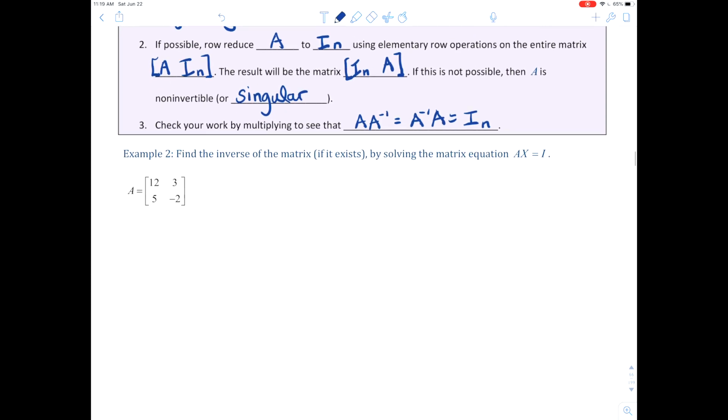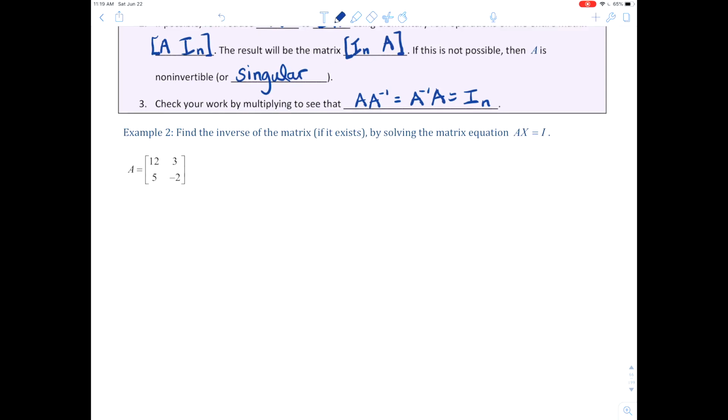Find the inverse of the matrix if it exists by solving the matrix equation A times X is equal to I. Okay? So, here we go.